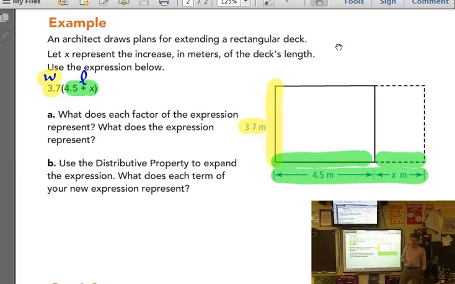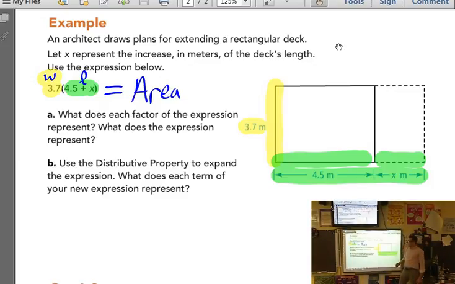So what do we get when we have width times length? What does that give us? No, that's our third dimension. Gives us the area. So this is equal to the area.